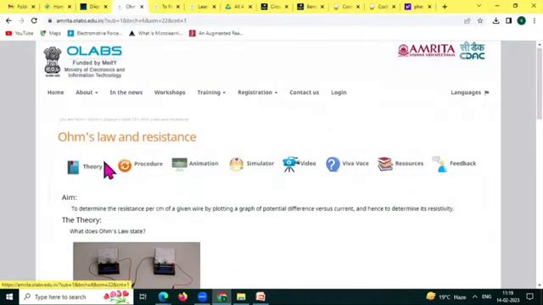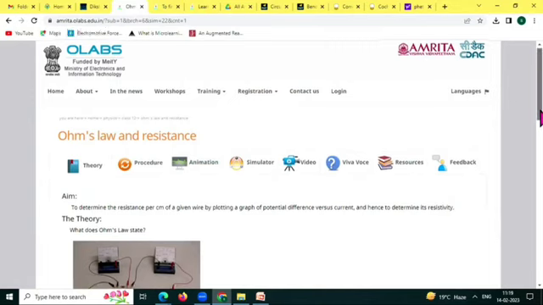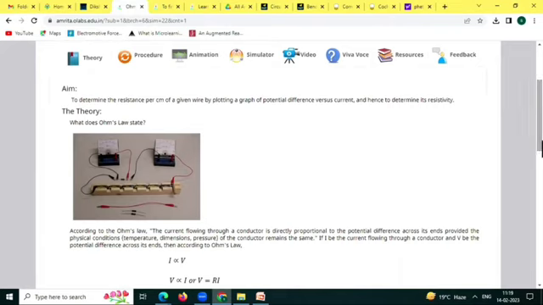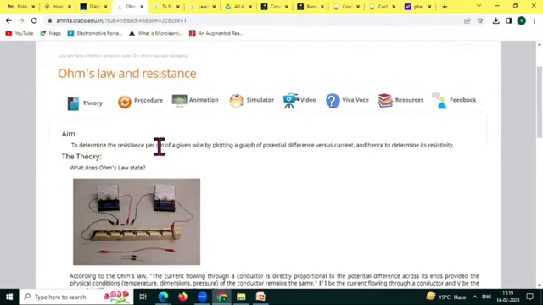Now, let us see one virtual lab, how it can be performed. The experiment is to determine the resistance per centimeter of a given wire by plotting a graph of potential difference versus current, and hence to determine its resistivity. So, you can see here one icon is for theory.